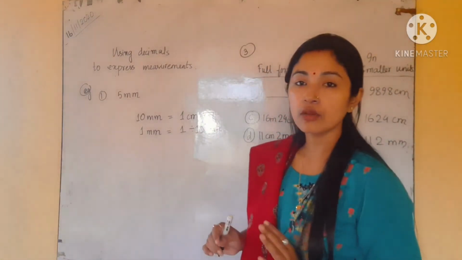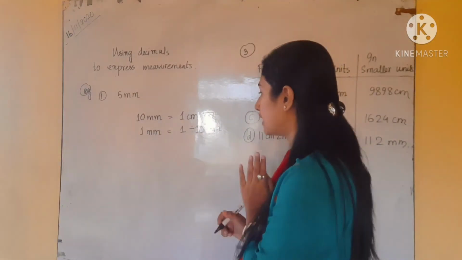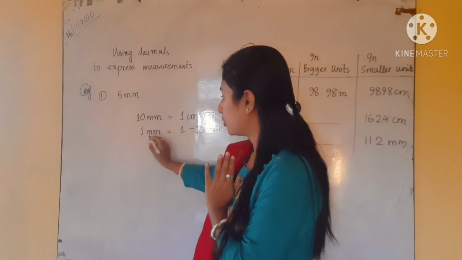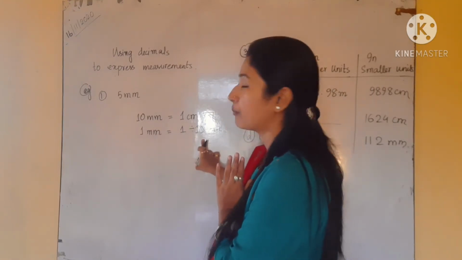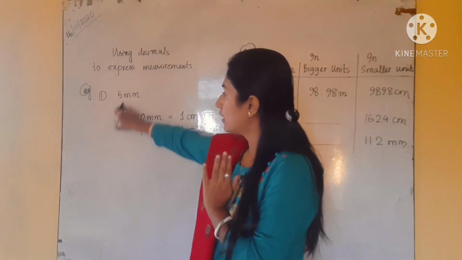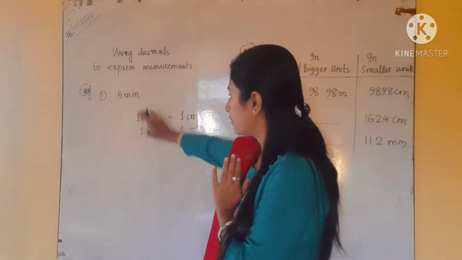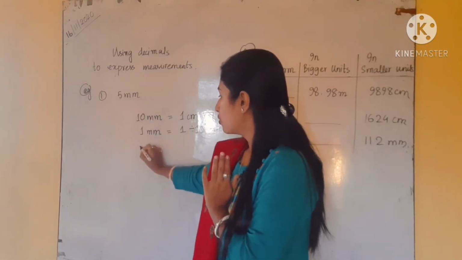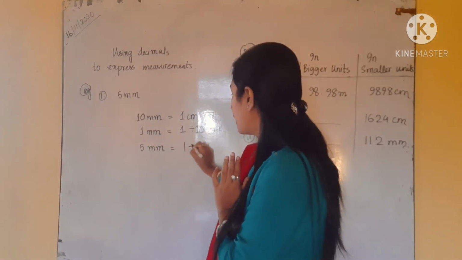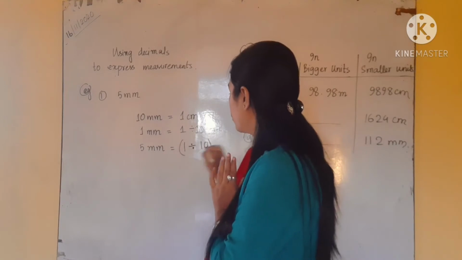Therefore 1 millimeter is equal to 1 divided by 10 centimeter. If it is 2, then we write 1 divided by 10 into 2. But here we have to find 5 millimeter, so 5 millimeter will be equal to 1 divided by 10 into 5.